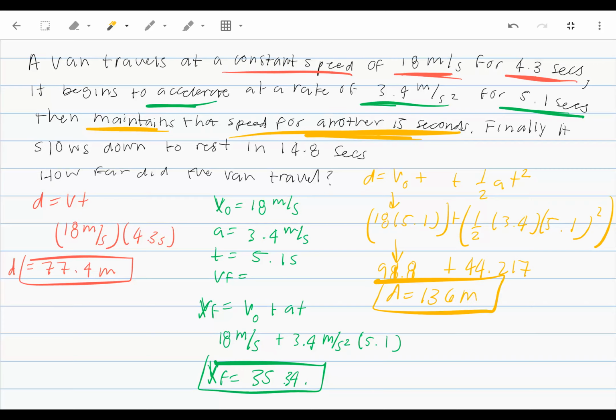Take care of this distance because you will need it. For the final distance we're looking for, finally it slows down to a rest for 14.8 seconds.